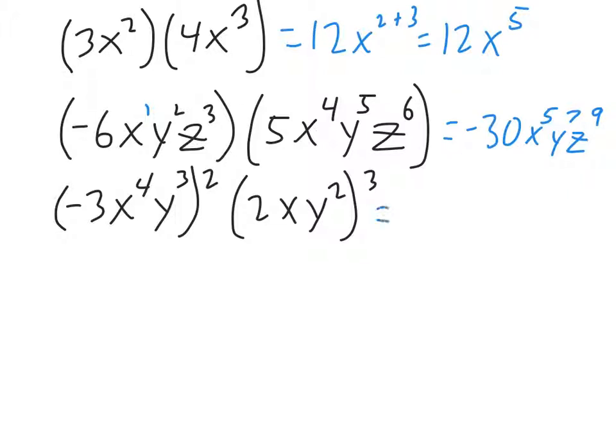So first we have -3 squared. So we raise each thing to the exponent. -3 squared is -3 times -3, which is a positive 9.